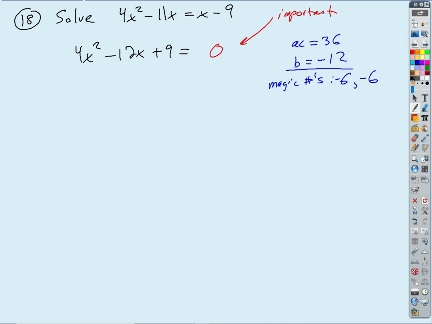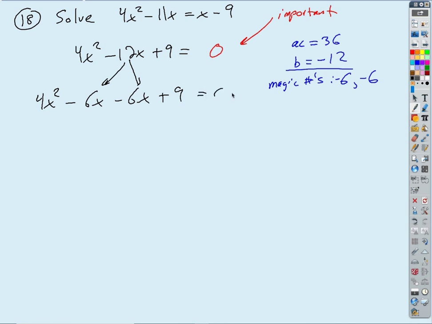So we can split up this middle term into minus 6x minus 6x, plus 9. And it all equals 0.